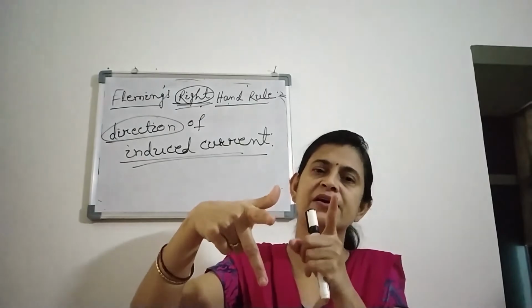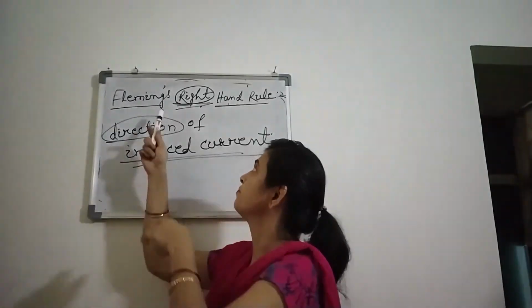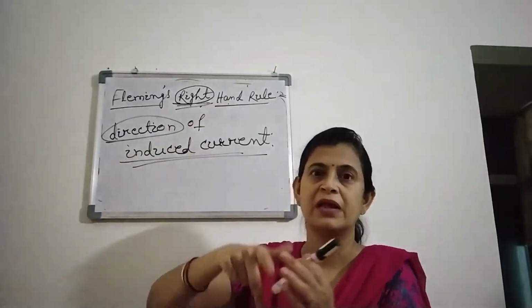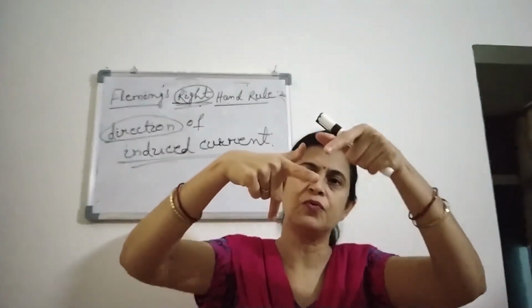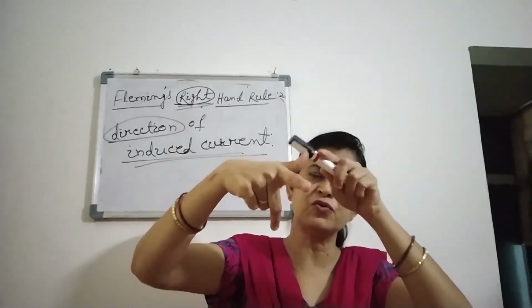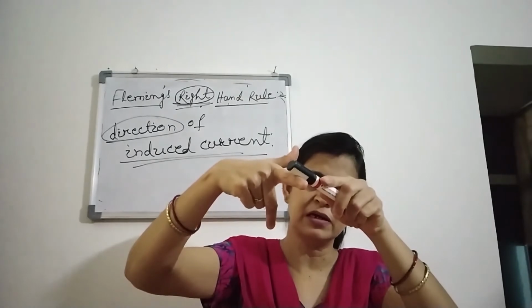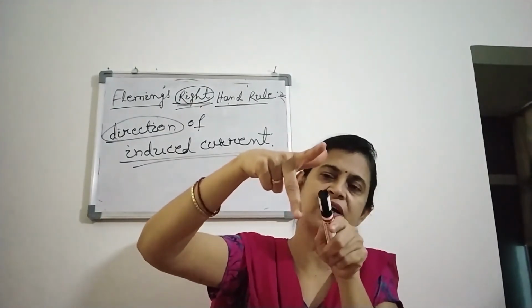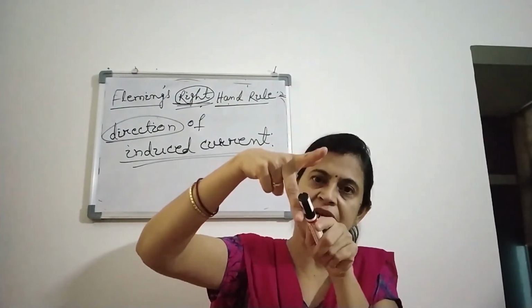That means according to Fleming's right hand rule, if these two are given, then you can find out the direction of induced current.